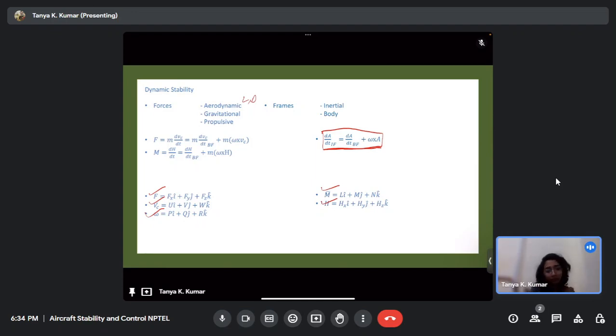Can you tell me the difference between the inertial and the body frames? Anyone? We'll discuss this. Google it, look up your notes, and tell me. I'll give you a couple of minutes.